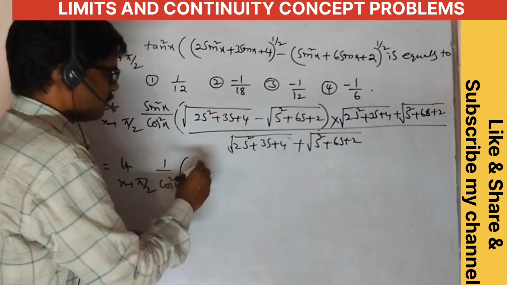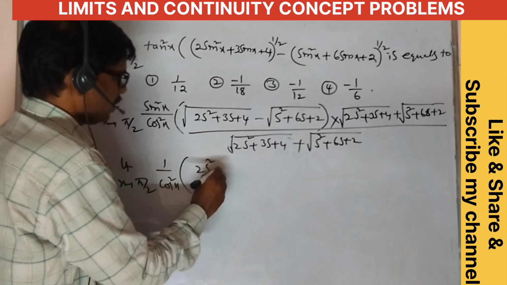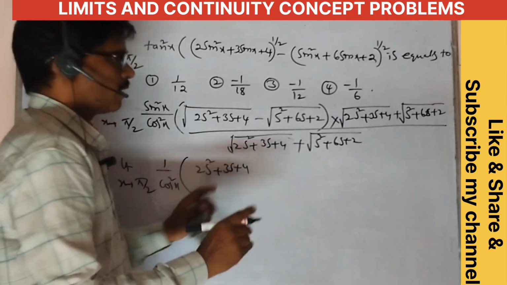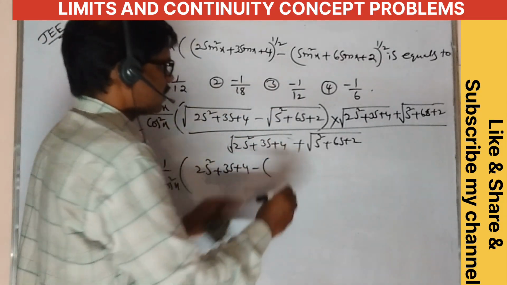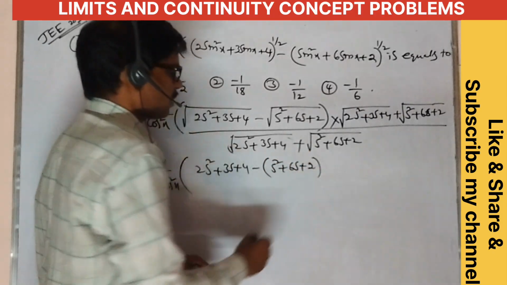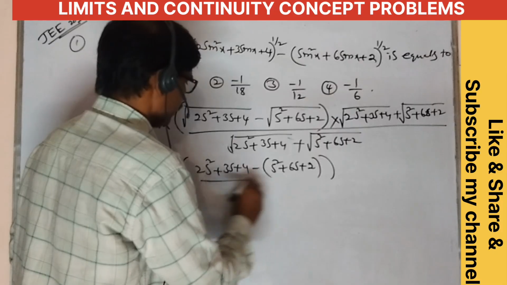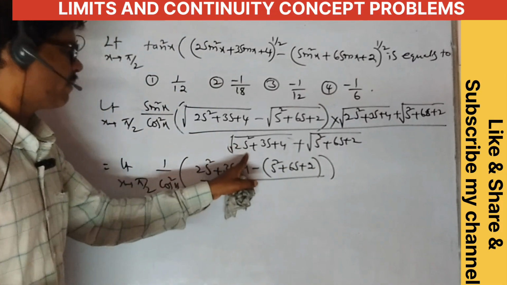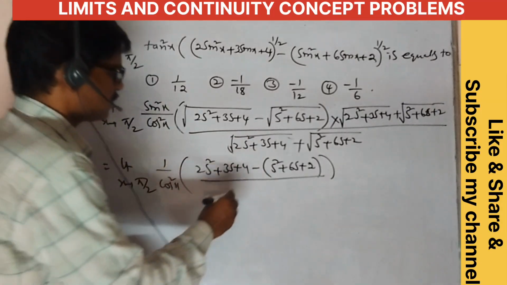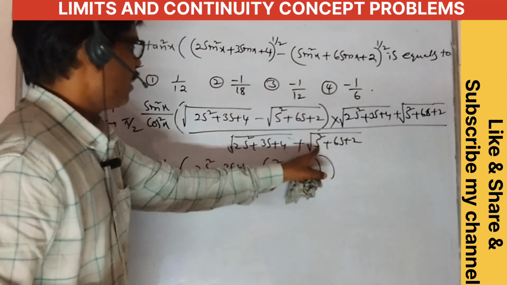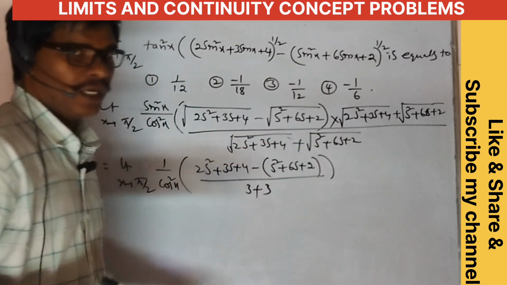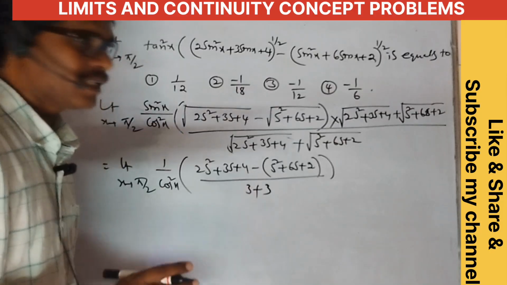A square minus b square means 2s square plus 3s plus 4, minus b square, which is s square plus 6s plus 2, divided by: sin pi by 2 is equal to 1 only, so 2, 3 and 4 total 9, root 9 means 3. Next, 1 plus 6 plus 2 is 9, this is also 3, and here also sin pi by 2 value is equal to 1 only.